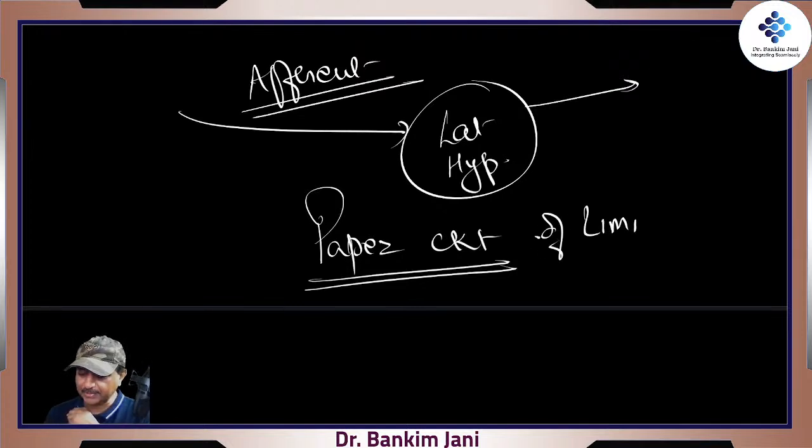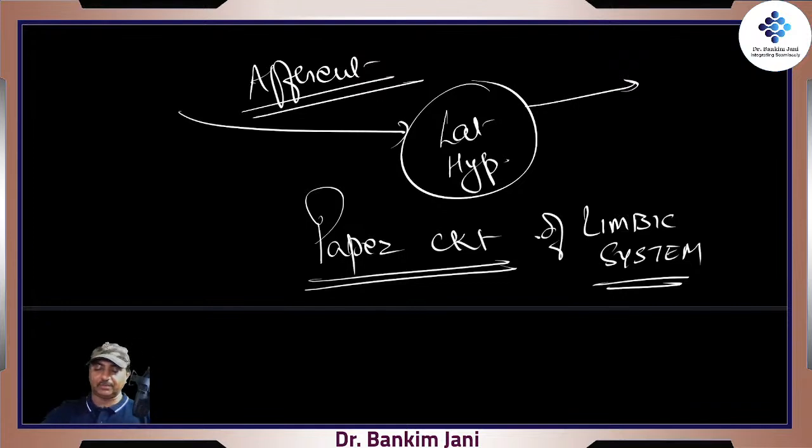This Papez circuit is of the limbic system. When we were talking about the medial section of the brain, we said that this Papez circuit is from the mammillary body all the way to the hippocampus. The fornix, you remember?